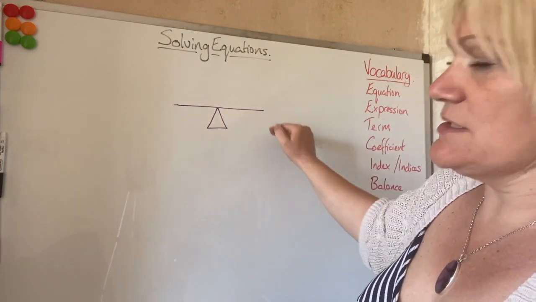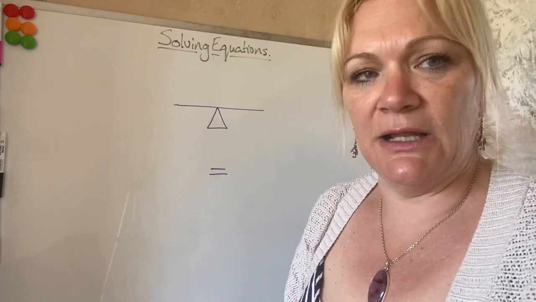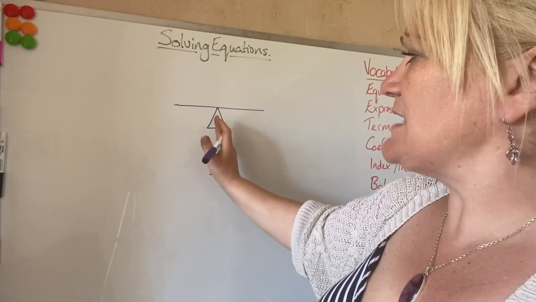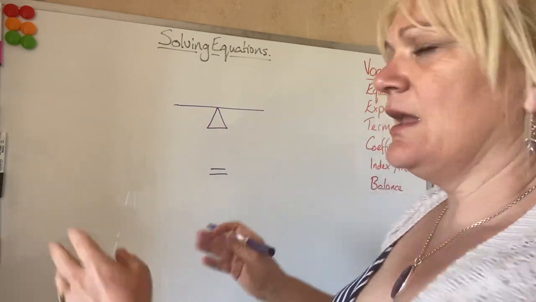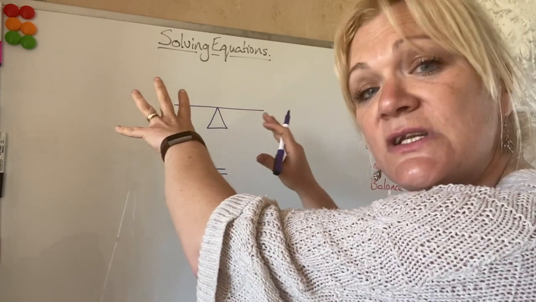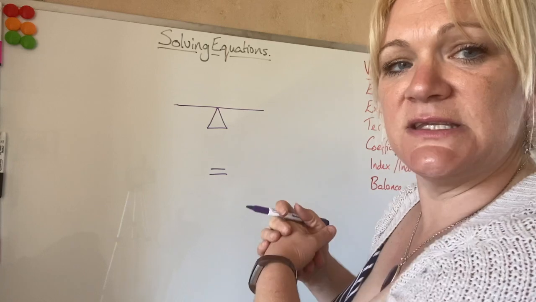When we're looking at solving equations, because we have that equal sign in the middle, we need to think of that equal sign as like a balance scale. And if I do something to one side of my equation, in order to keep it equal, I have to do the same thing to the other side.